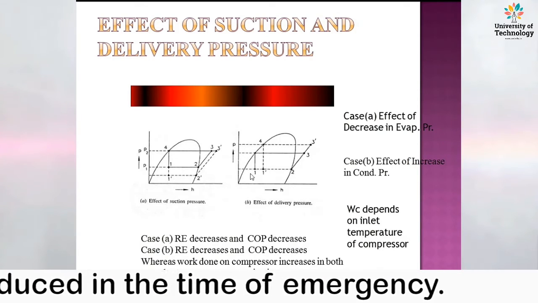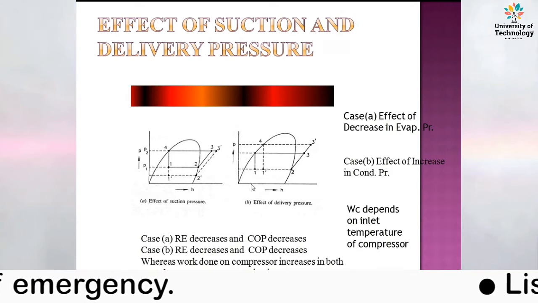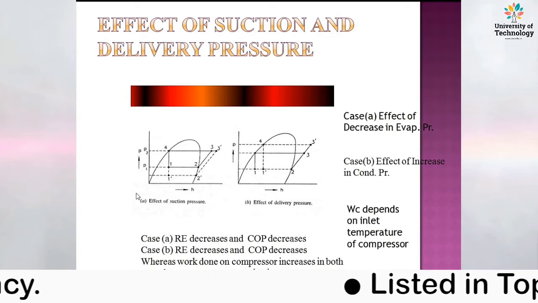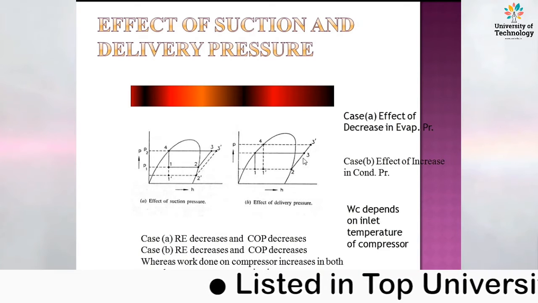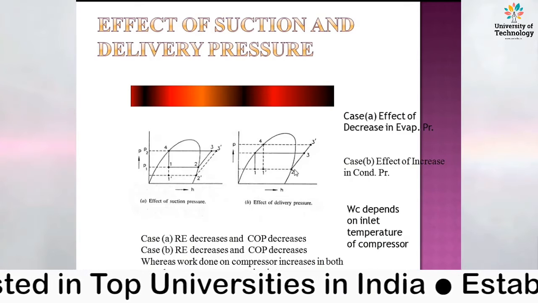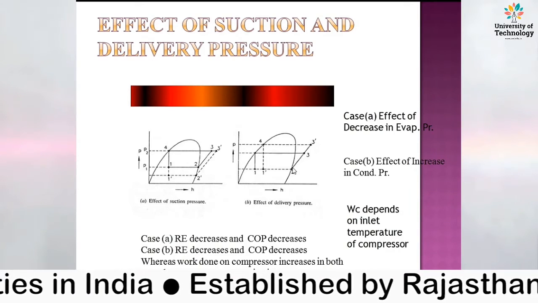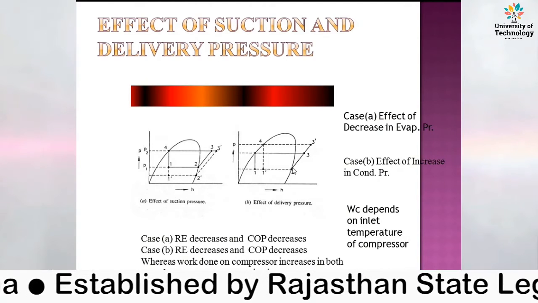Now, compressor work. Compressor work in the initial condition is S3 minus S2, and in the final condition it is S3 dash minus S2. S3 dash minus S2 is greater than S3 minus S2, so the compressor work also increases in this case.